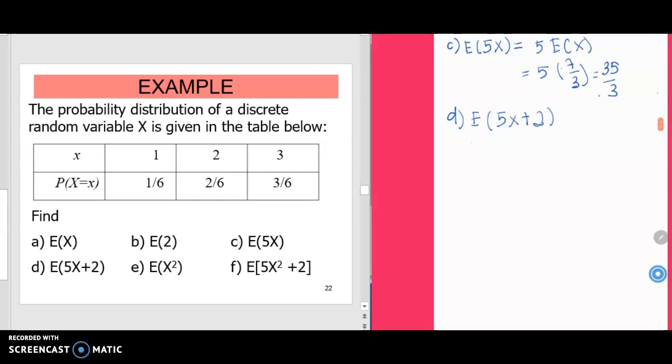This one is equal to 5E(x) plus E(2). So E(2) is equal to 2, right? So E(x) is 7 over 3 plus 2. So this one is supposed to be 41 over 3.